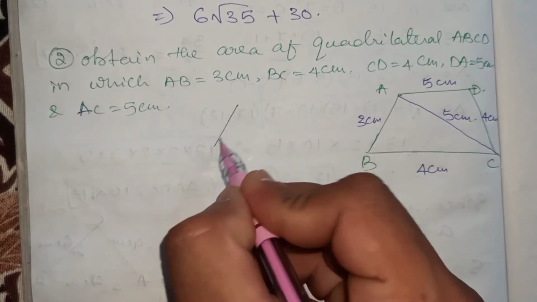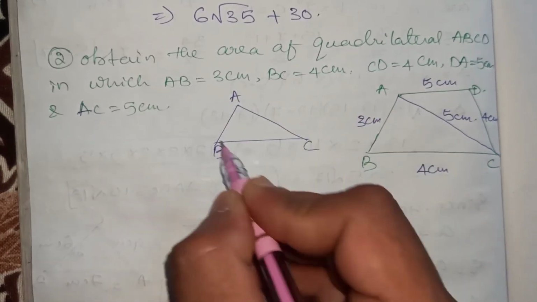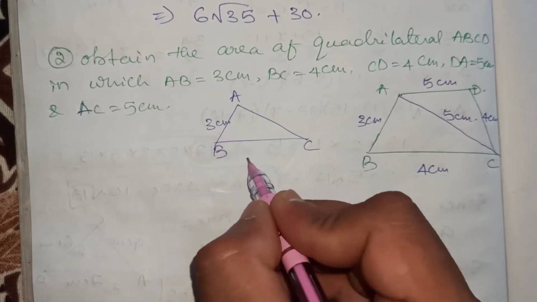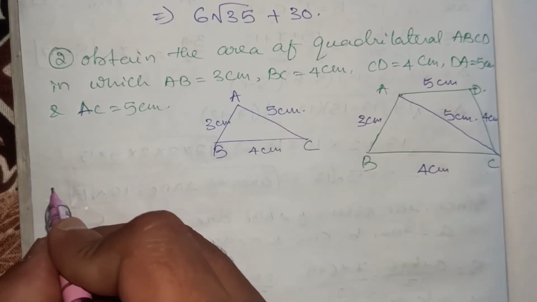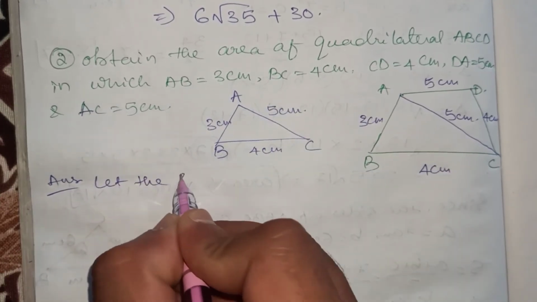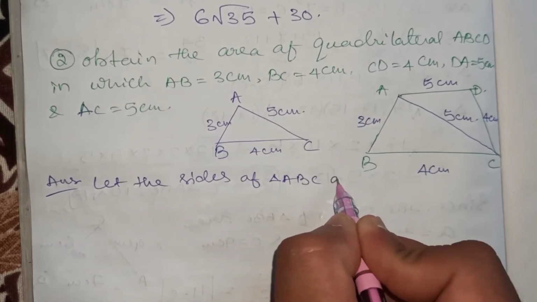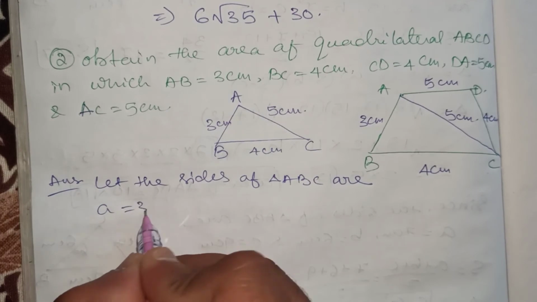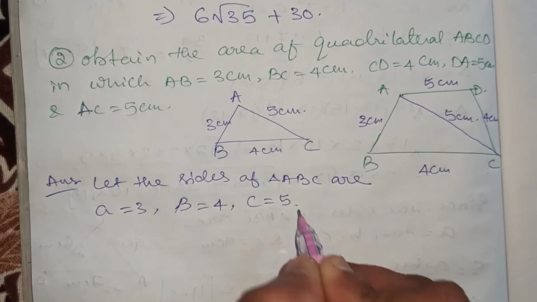So first of all, I will find out the area of triangle ABC. AB is 3 centimeter, BC is 4 centimeter, and AC is 5 centimeter. Okay. Let the sides of triangle ABC be a equals 3, b equals 4, c equals 5.